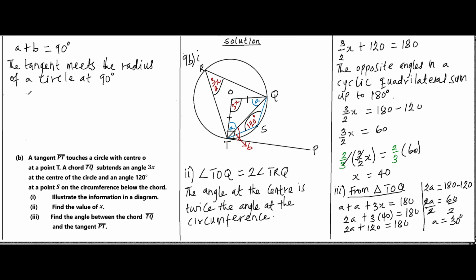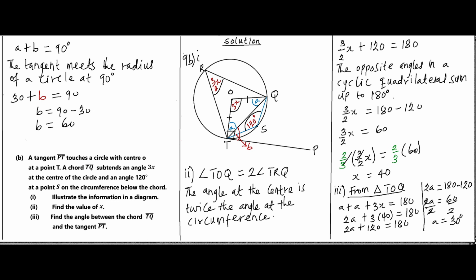So if that's the case, then let's do the substitution. What is the value of A? A, we had 30 degrees. So we have 30 plus B. B is what we are looking for. And this must be equal to 90. So we have B is equal to 90 minus 30. So therefore B is equal to 60.